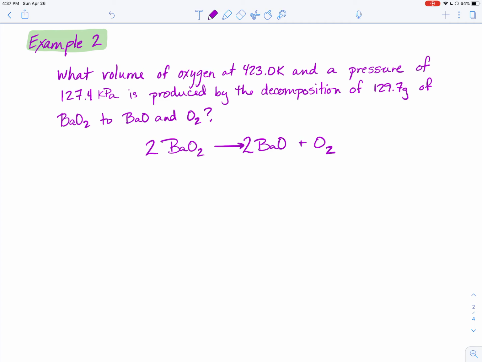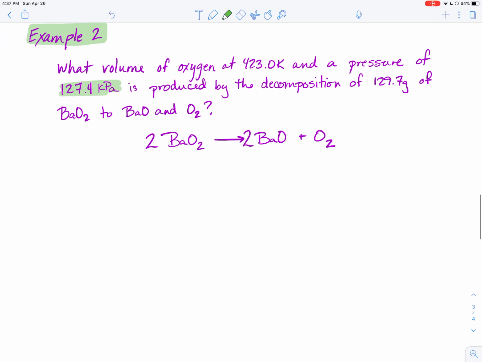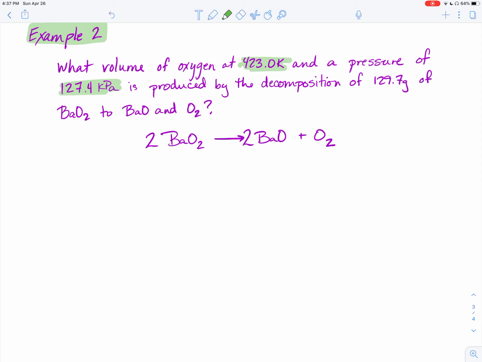Example question number 2 asks, what volume of oxygen at 423.0 Kelvin and a pressure of 127.4 kilopascals is produced by the decomposition of 129.7 grams of BaO2 to BaO and O2?